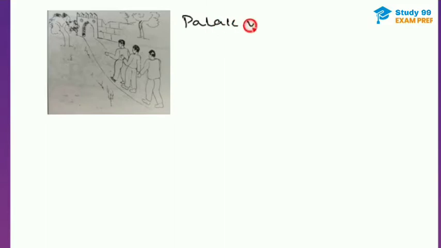Palak was a senior under officer in NCC.